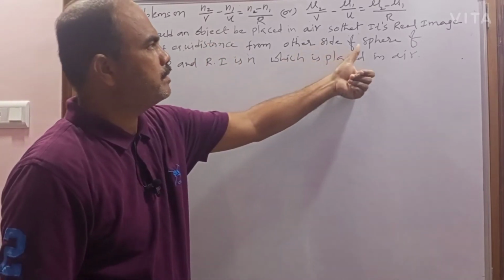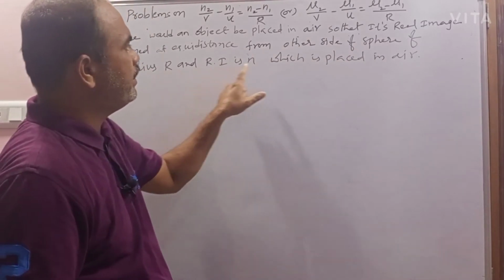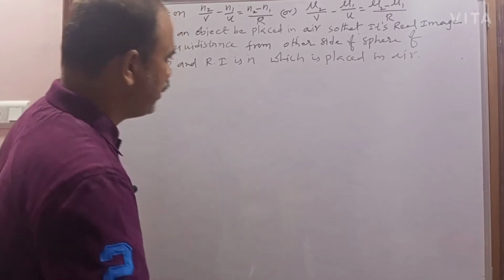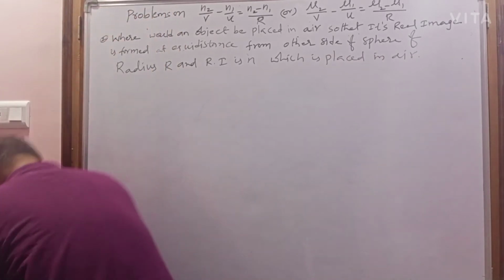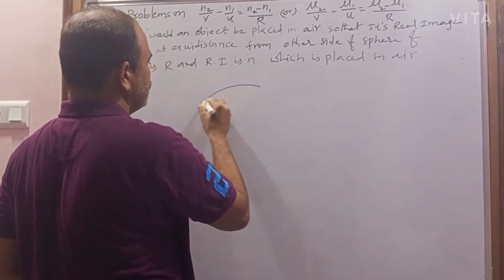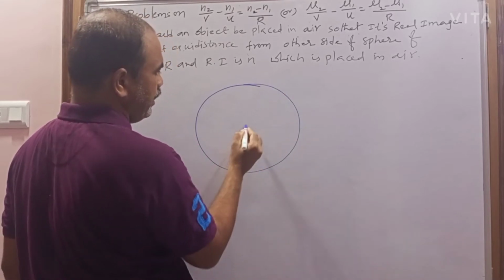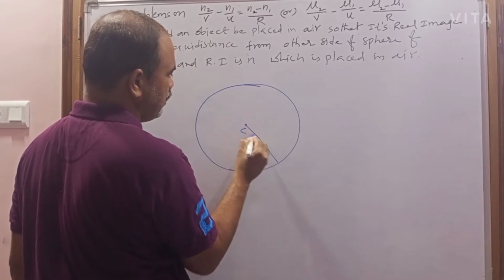So now coming to the sphere, what is the sphere here? The sphere of radius R and refractive index n, which is placed in the air. So this is the sphere, of radius R. Now consider this is the center of curvature.